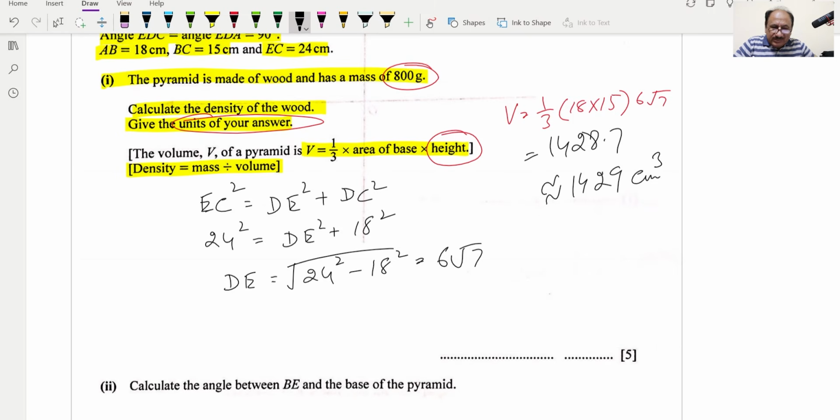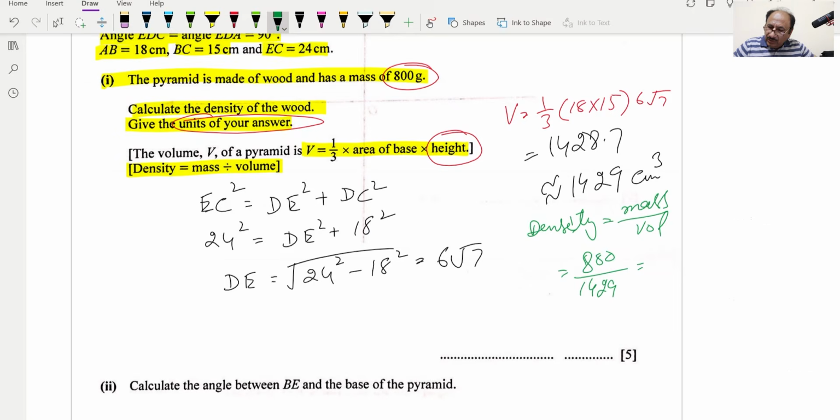Now density is equal to what? Density is equal to mass over volume, and mass is 800 grams, divided by 1429 centimeter cube.